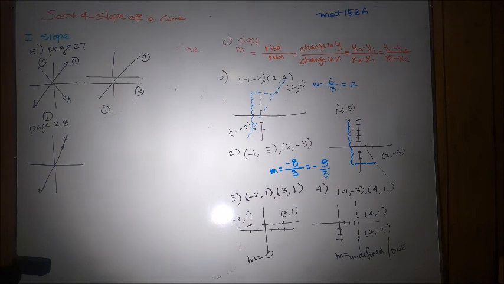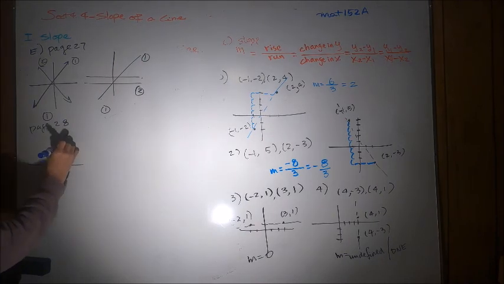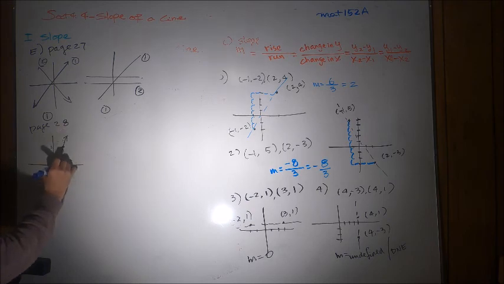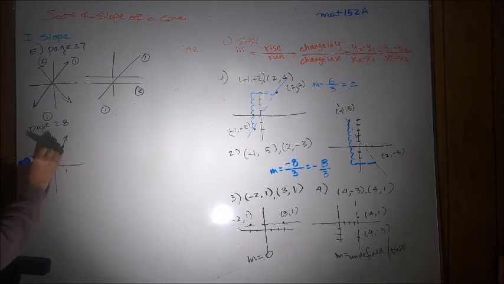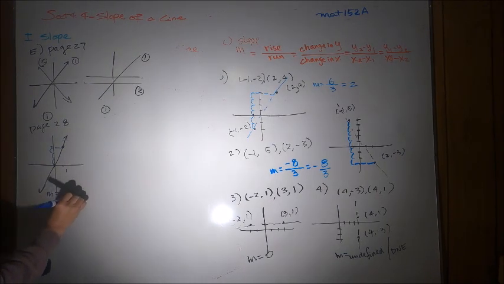We said slope is what? Rise over run. So look at this one. It's a positive or negative? It goes up, so it's positive. So this one is 3, right? And here is what? 1, right? So you climb up how many? 3 steps. Run over 1 step. So it's what? 3 over 1 is 3.